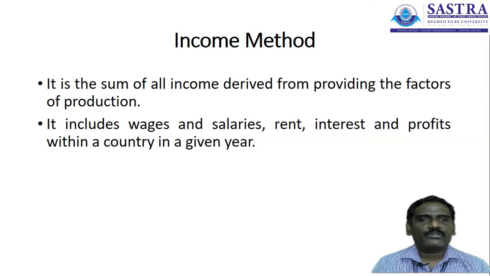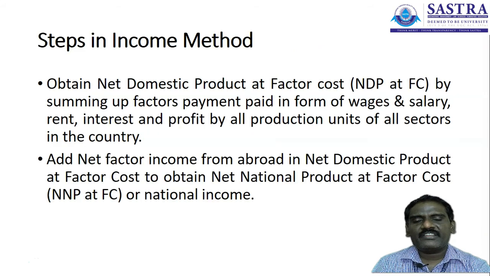For arriving at the income method, we obtain the net domestic product at factor cost by summing up the factor payments paid in the form of wages and salary, rent, interest and profit by all factors of production for all the production units of all the sectors in the economy, and add the net factor income from abroad to the net domestic product at factor cost to obtain the net national product at factor cost, or national income.